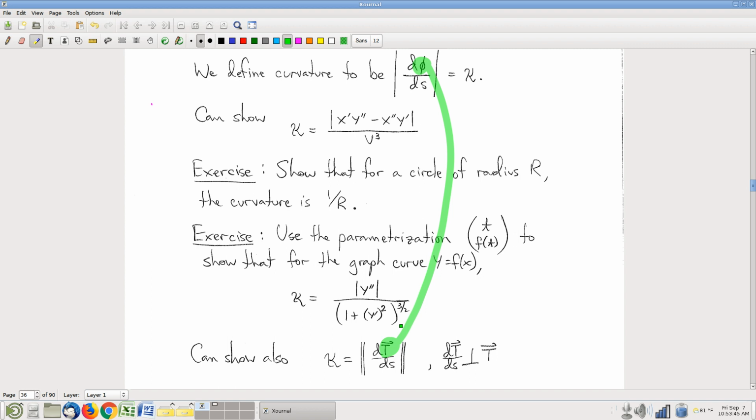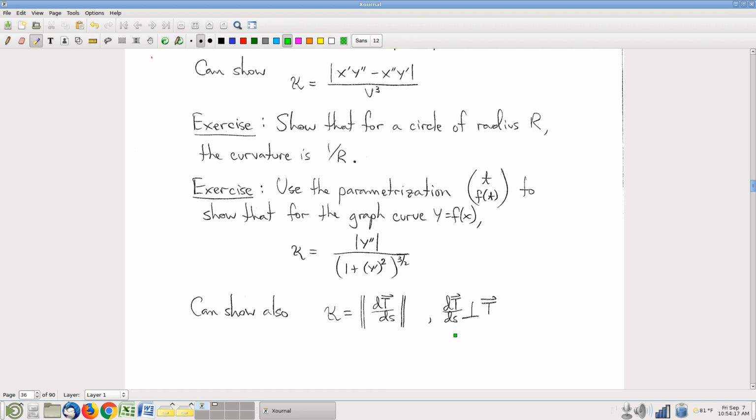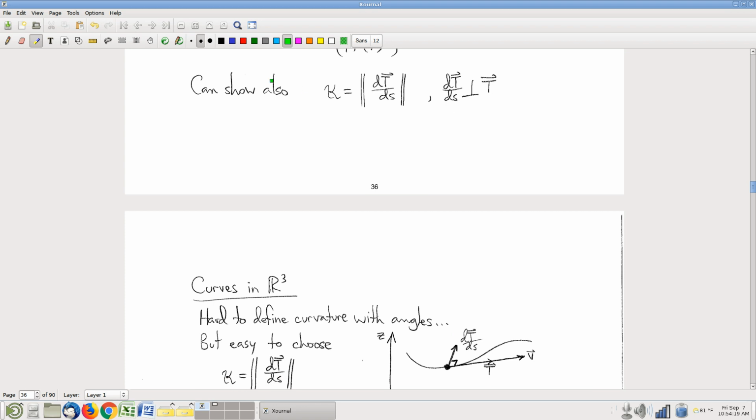So in both of these formulas, the one at the top and the one at the bottom, both of them say what's the rate of change of direction with respect to distance. Just conceived of differently, one as an angle, one as a unit tangent vector. But anyway, pretty plausible that would be true. More importantly, it is true. So make sure to know this fact. And another neat fact, this vector dT/ds is always perpendicular to the direction of the curve. Weird, true fact.